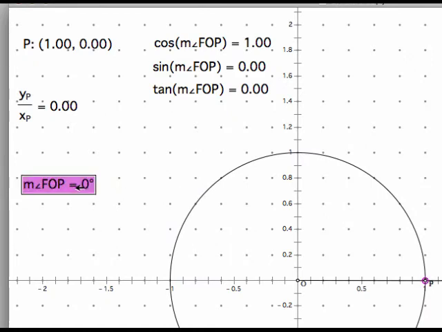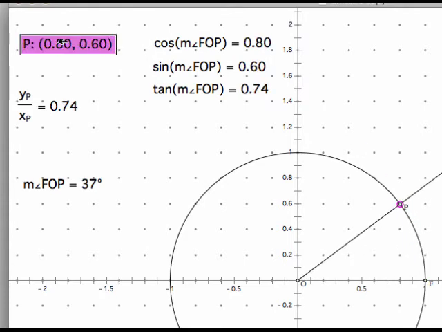I've got my angle here in degrees, and I've got a circle with radius 1, as you can see, 1 unit. And as I move this, the coordinates of the point where the terminal arm hits the circle change. I've also been shown here the sine, cosine, and tangent of the angle.